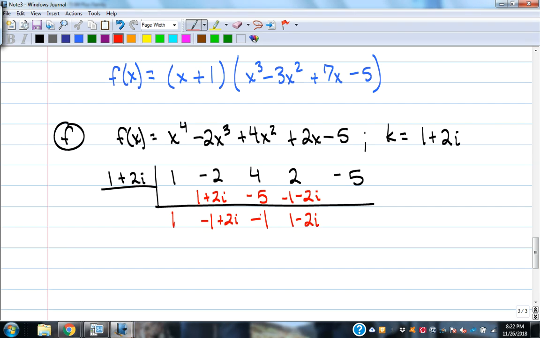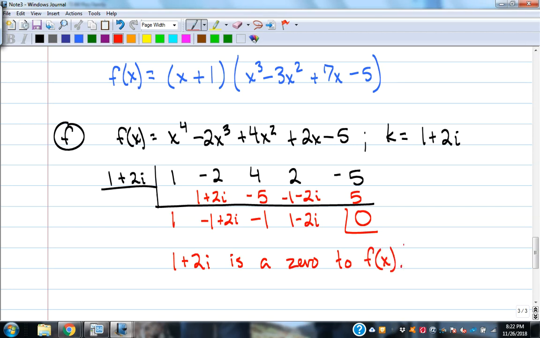Positive 5. That works out nice. So 1 plus 2i is a 0 to f of x.